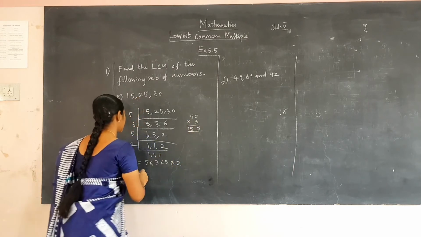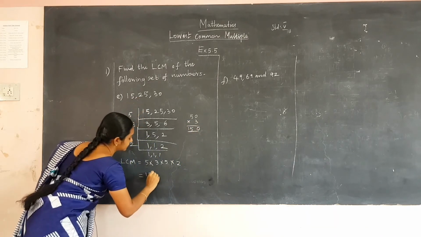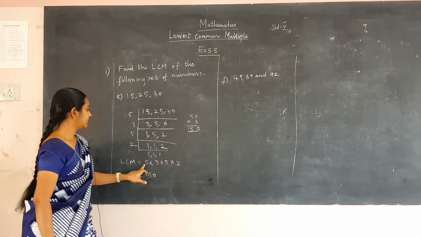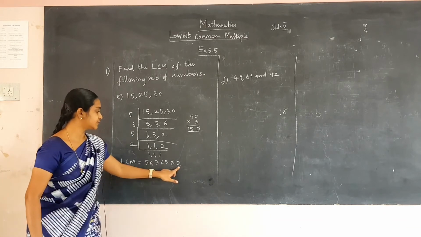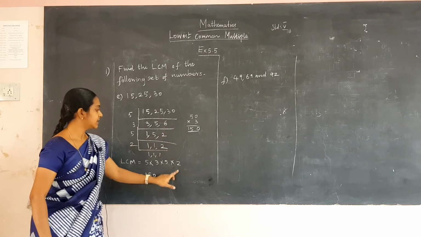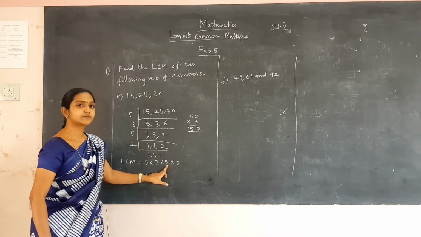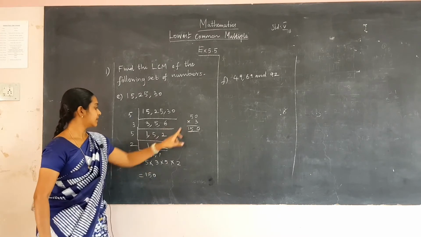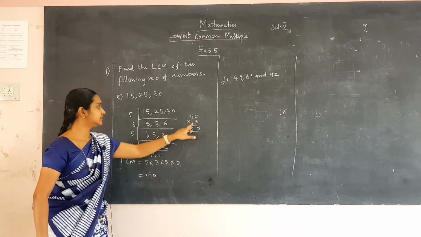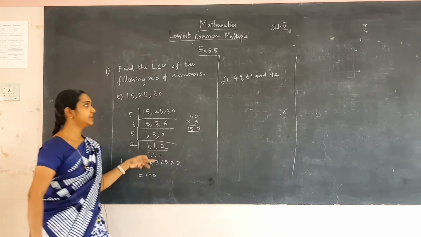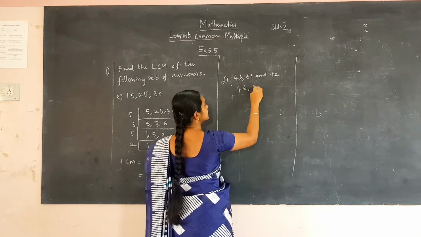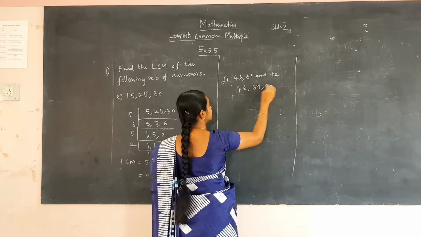So the LCM is 150. First I have multiplied 5 and 2. 5 2s are 10. 10 into 5 is 50. I have multiplied 50 and 3. The answer is 150.